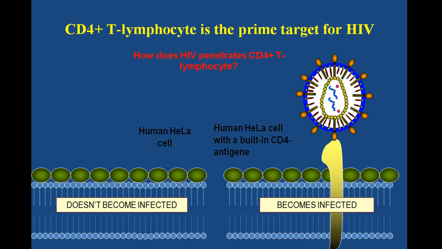You can see CD4 T lymphocytes are a prime target for HIV. How does HIV penetrate the CD4 T lymphocyte? It's necessary to have the special antigen on the surface of the human cell, and the virus will make contact with this CD4 antigen.